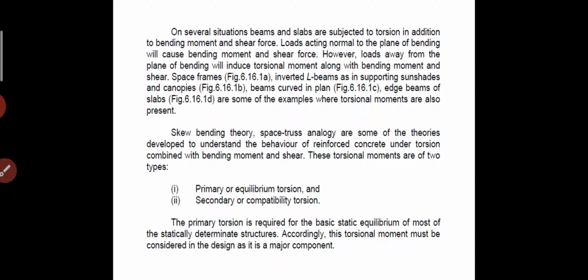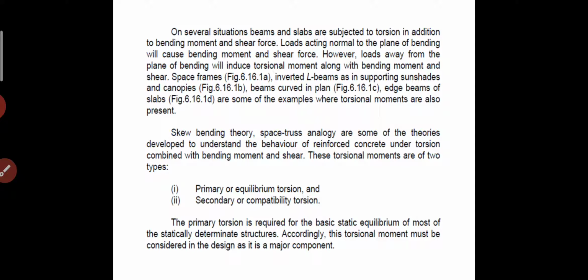In several situations, beams and slabs are subjected to torsion. In addition to bending moment and shear force, loads acting normally to the plane of bending will cause bending moment and shear force. However, loads away from the plane of bending will induce torsional moment along with bending moment and shear.